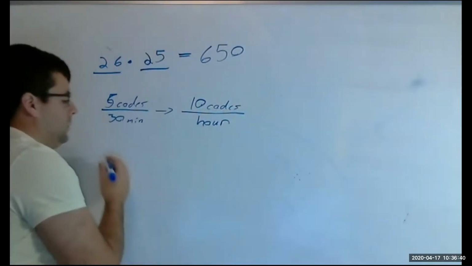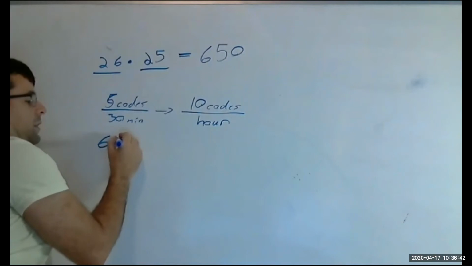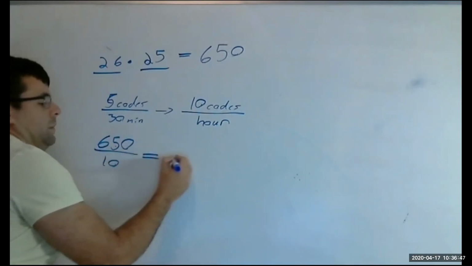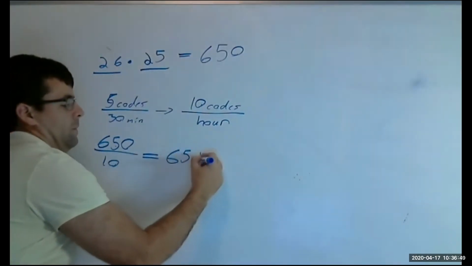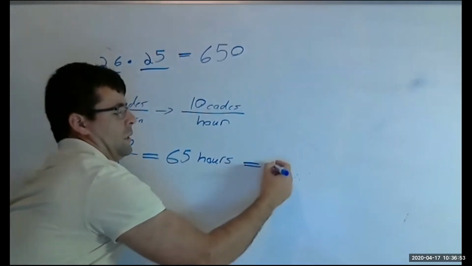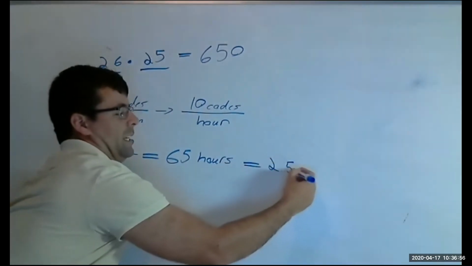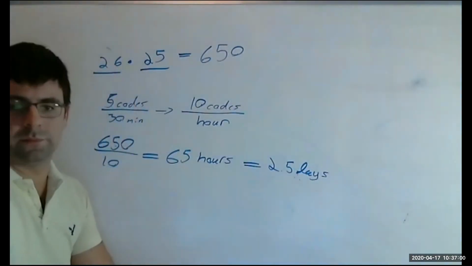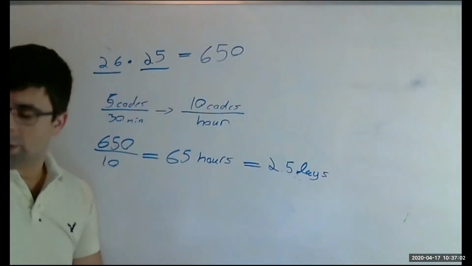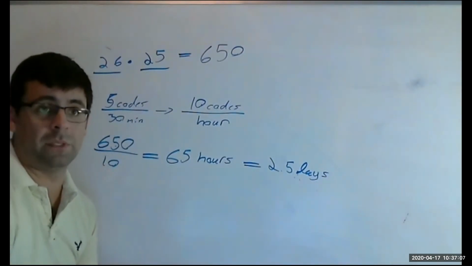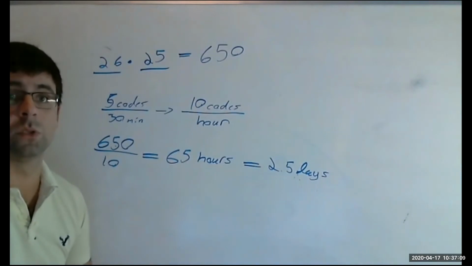So 650 codes is like 2.5 days, maybe a little bit more. Point being, it would take them a long, long time to try all of these possible values.